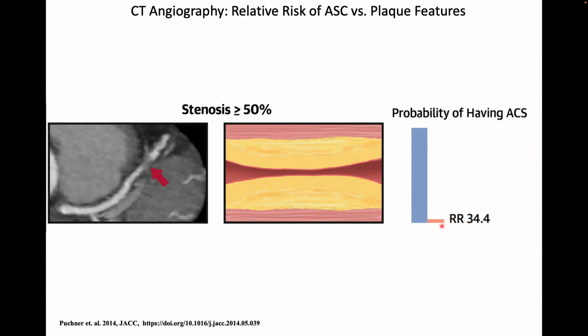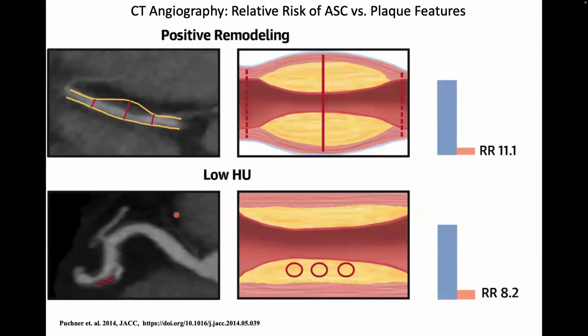So this is fairly predictive of a future event. This positive remodeling here: I have a soft plaque and a narrowing that might not even reach 50%. But the fact that this thing bulges out here still gives you a relative risk that's quite high to baseline.